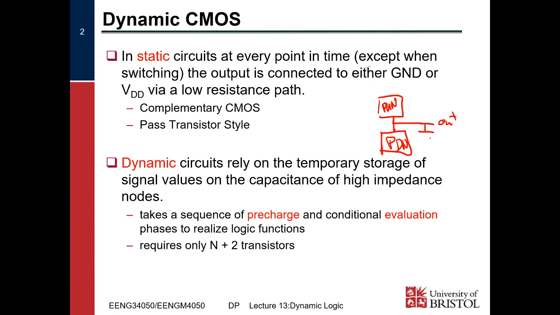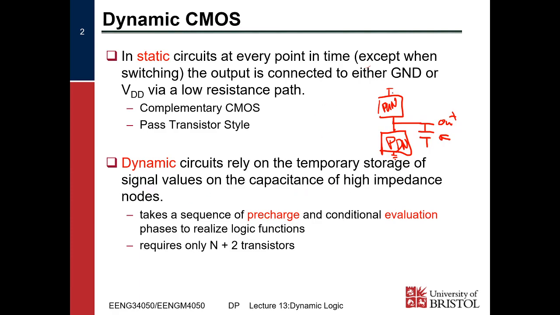There is going to be a capacitance at this output, right? What we're doing with dynamic logic is we're storing the signal value on this capacitance here. We're not necessarily going to have a connection to VDD or ground at one moment in time. We're going to rely on this capacitor storing the value for us, right?